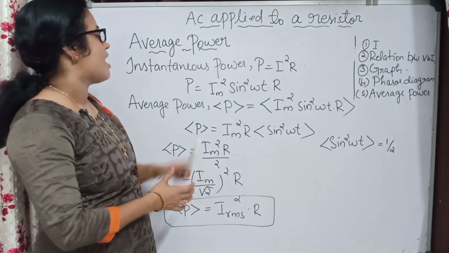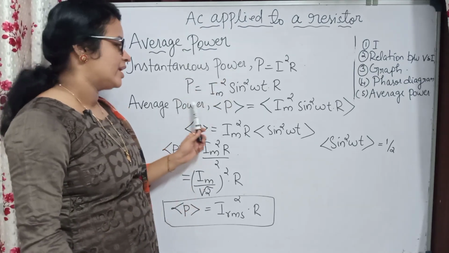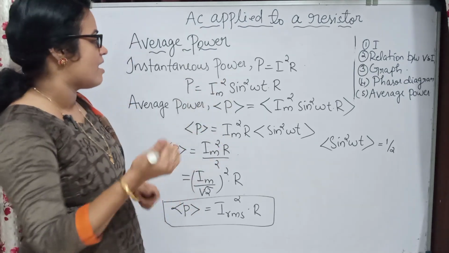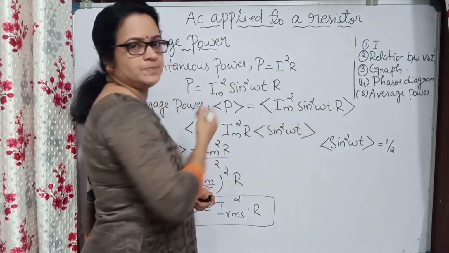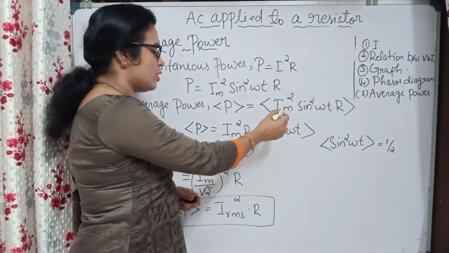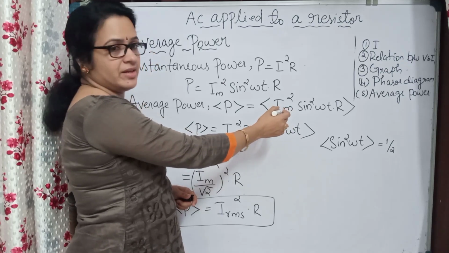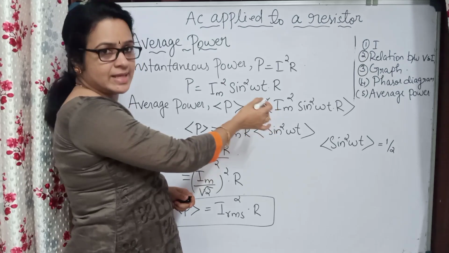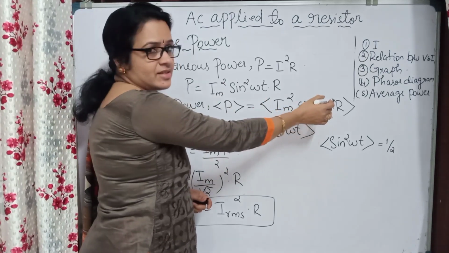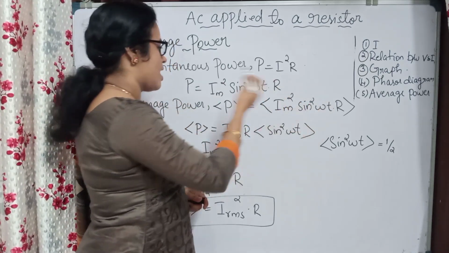Now we have to find the average power. For finding the average power, we take the average of Im square sin square omega t into R. Now, what are the constants here? Im is the maximum or peak value of current, that is a constant. Then R is a constant, right? So these two we can take outside.